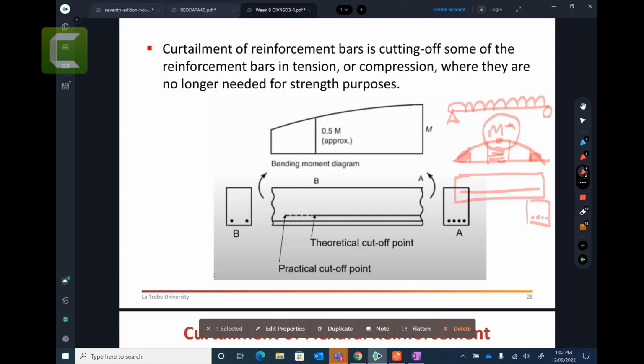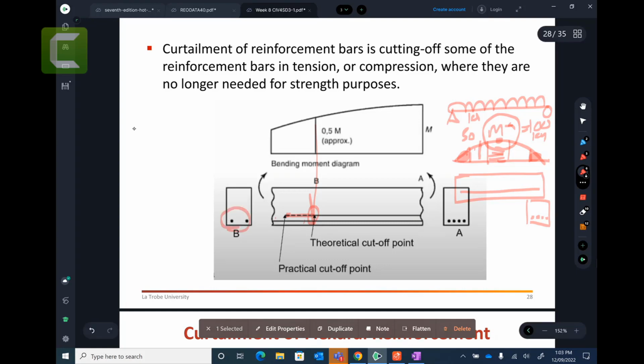Let's say you have 100 kilonewton meters here. Then when you reach 50 kilonewton meters, you can cut off your bar. So you don't need 4 bars, you might need 2 bars. But you need to extend for the development length, so you can practically cut off here, right? So that's what this curtailment is saying: at this end you might need only 2 bars.